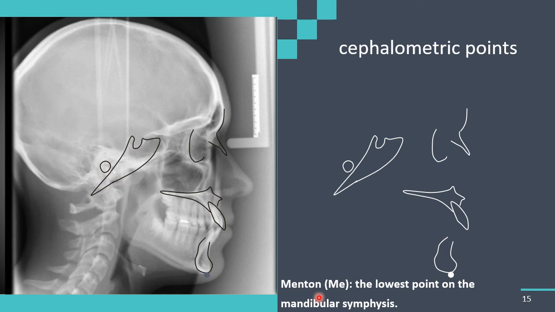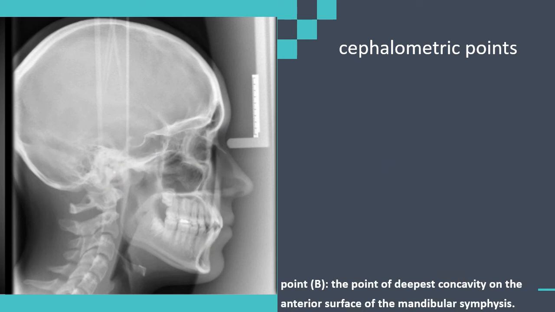The menton point represents the lowest point of the mandibular symphysis, and another point in the mandibular symphysis is the pogonion, which represents the most anterior point in the mandibular symphysis.